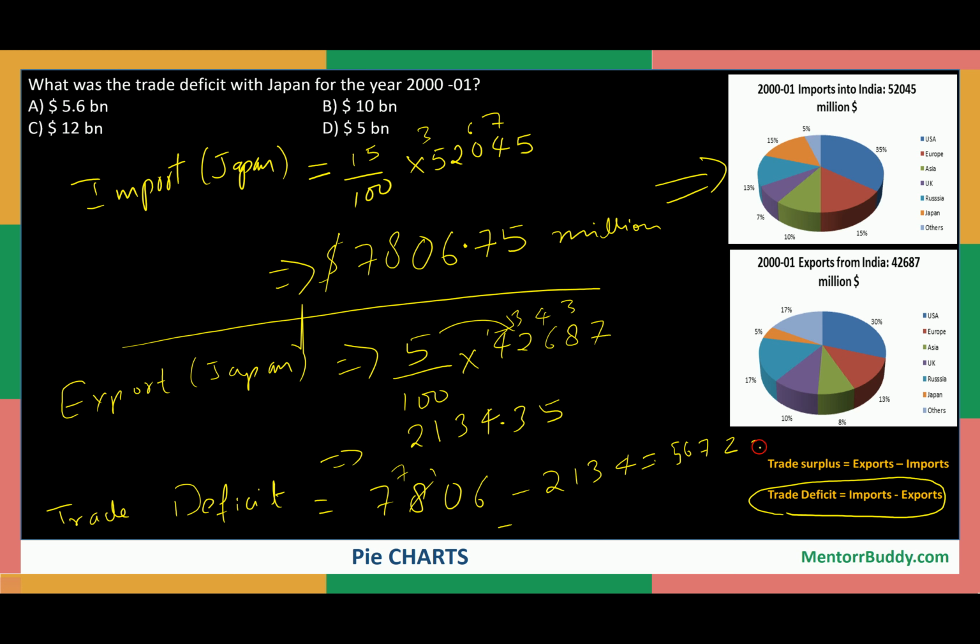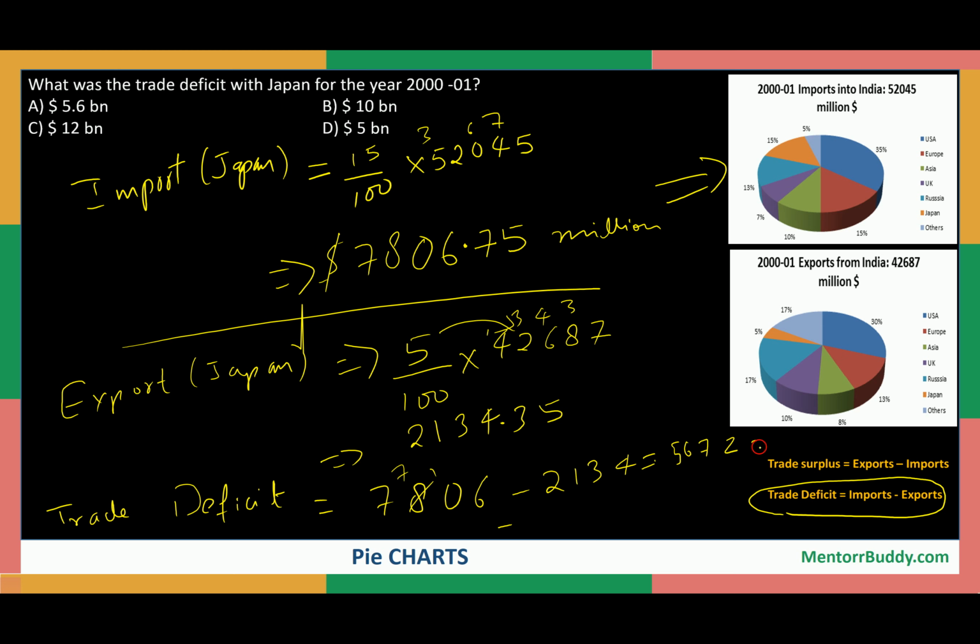Okay, so we can see 4 options, but since we have calculated this in $1,000,000 and the options have been given in billions, instead of $1,000,000 it has been given in billion. So we should know that 1 billion is equivalent to 1000 million, right?